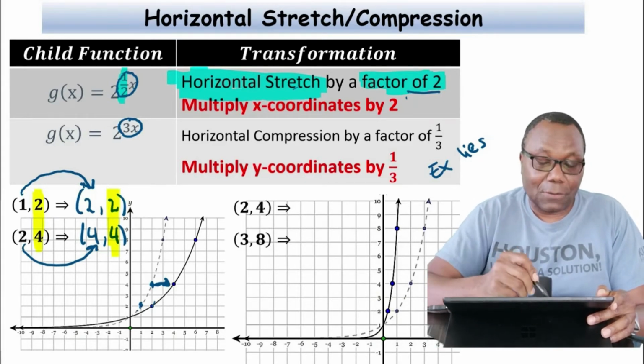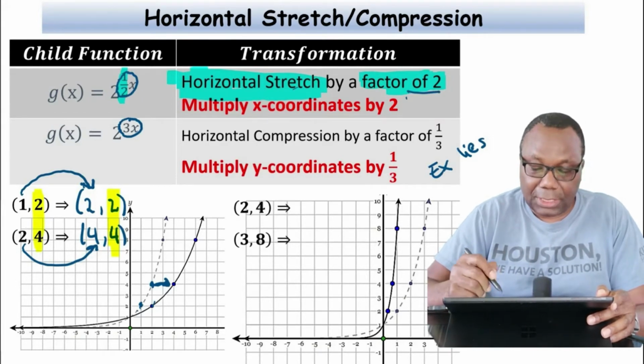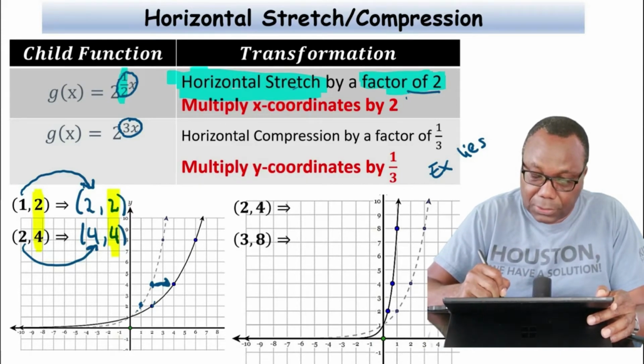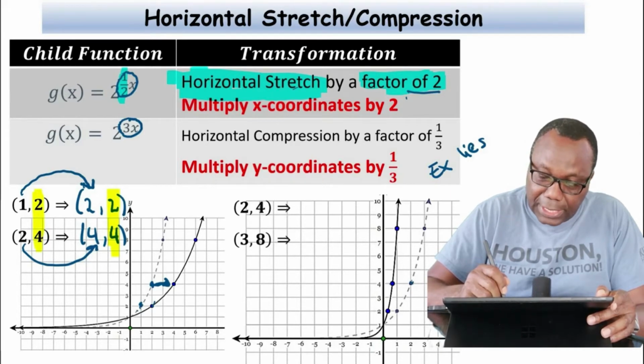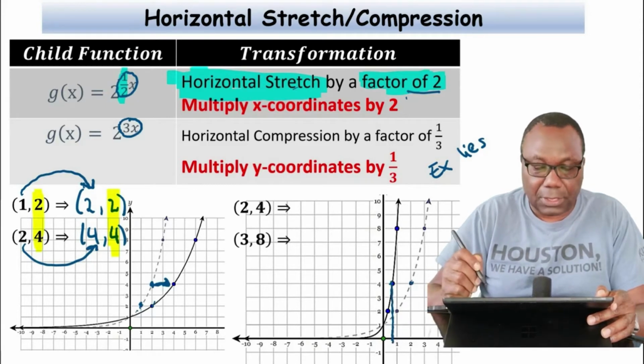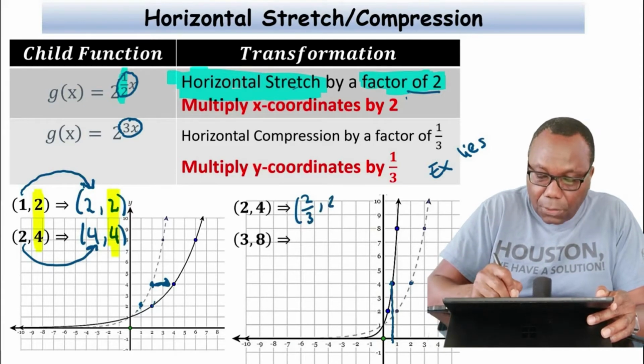All right. Okay, so it looks like a factor of 3 here, but actually when you look at the points, let's consider the point. The parent is 1,2. Let's use 2,4 this time. 2,4 is obvious to see. The parent 2,4 is dragged now to a new location at 2/3, comma 4.